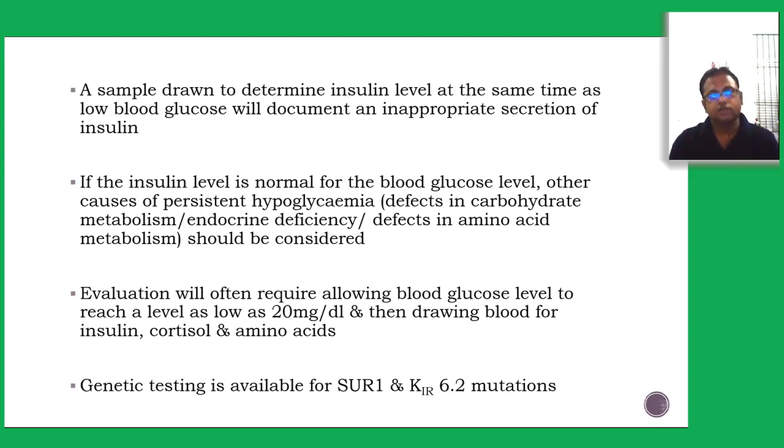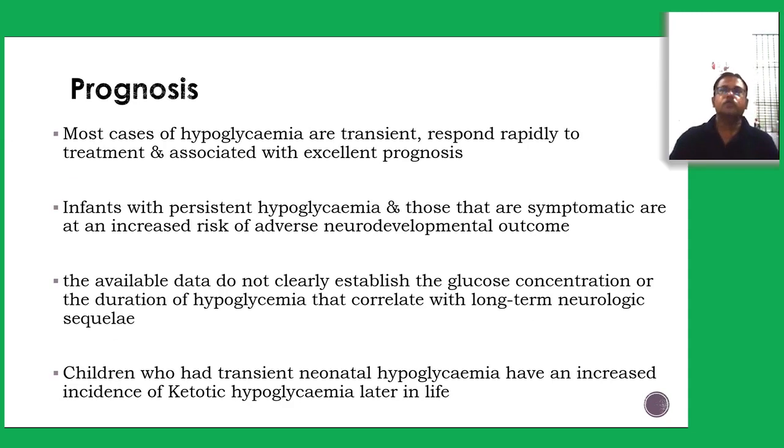For these evaluations, sometimes you might have to lower their blood sugar levels to very low levels and send this blood for insulin, cortisol, and amino acids. And for some disorders, genetic testing is available. What is the prognosis? What will happen to these babies who have low blood sugar levels? Most cases of hypoglycemia are transient and respond rapidly to treatment, and usually they have an excellent prognosis.